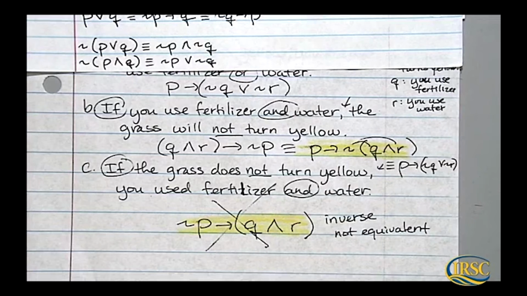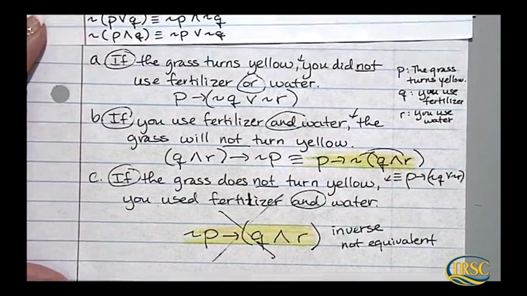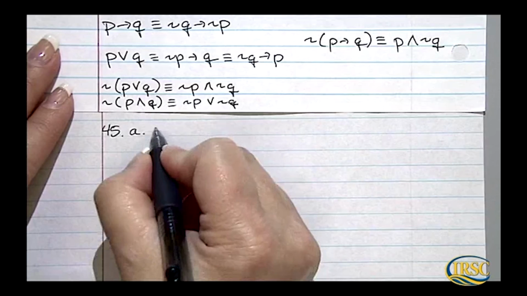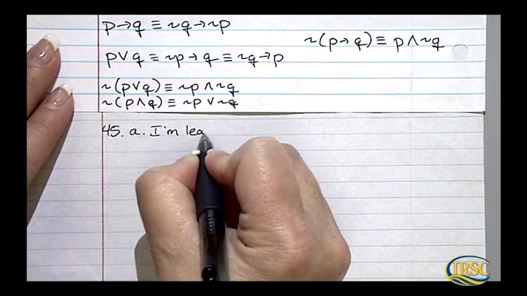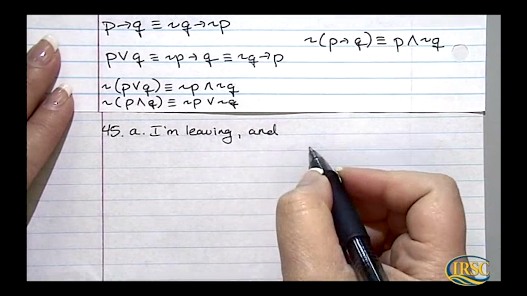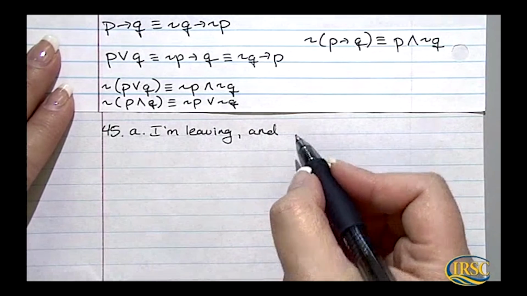Okay, 45. A and B. A and B was your answer. A: I'm leaving and Tom is relieved or Sue is relieved.